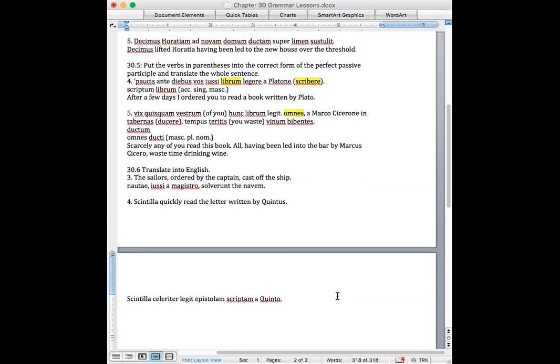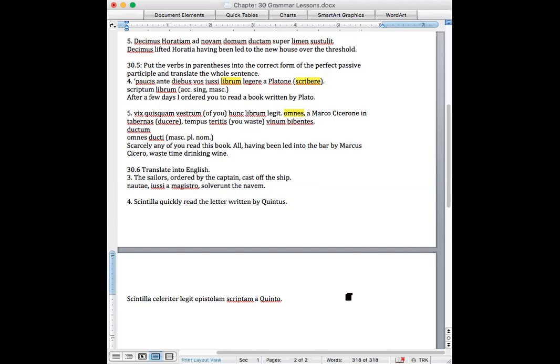Okay, so again, you're looking at the glossary, your dictionary entry for the fourth principal part. Technically, it's the supine. Don't worry about what the supine means. That's where your perfect passive participle is coming from. It has to agree with the noun that it modifies in case, number, and gender, just like an adjective, because it's functioning precisely like an adjective, but it's just called a perfect passive participle.